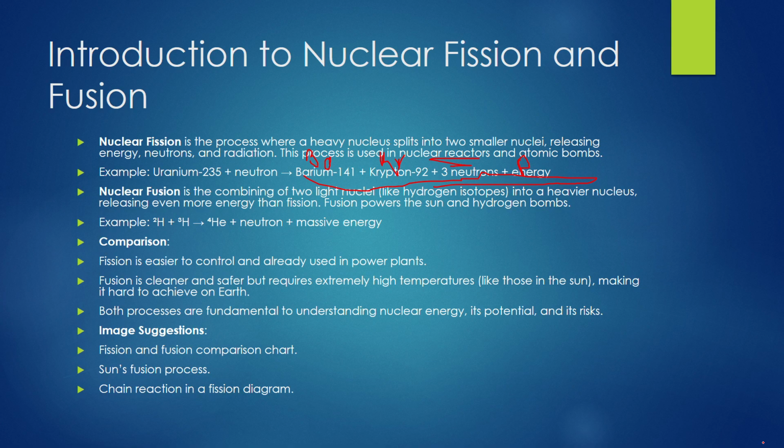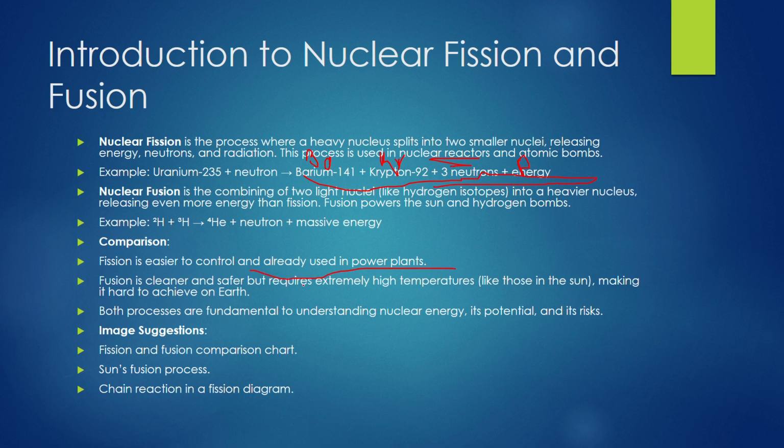You can remember this like decomposition reaction and combination reaction. In decomposition, one single reactant gives rise to two products, but in combination, two reactants give rise to one product. Next, fission is easier to control and already used in power plants.